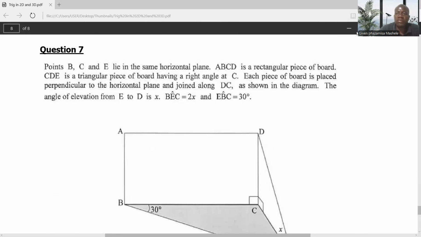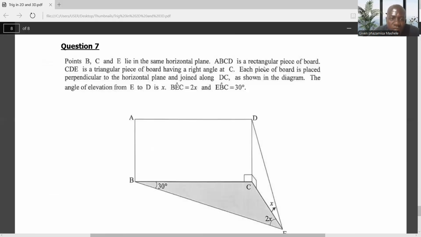Right, let me try to zoom out. Points B, C, and E lie in the same horizontal plane.